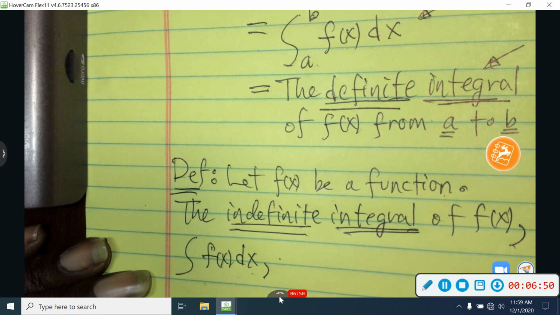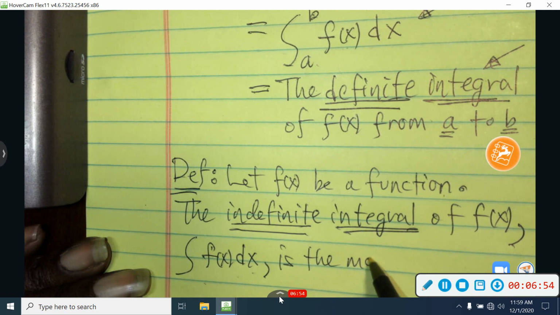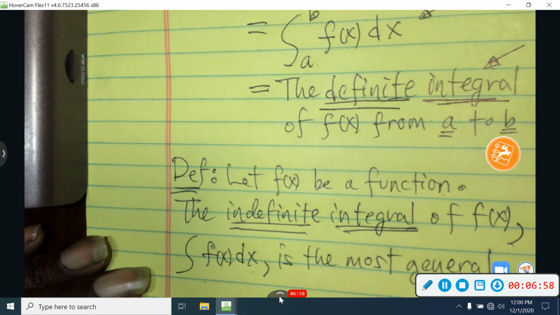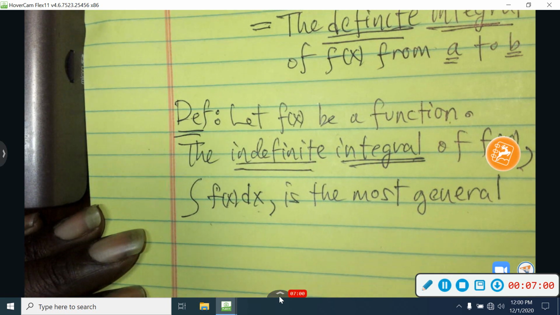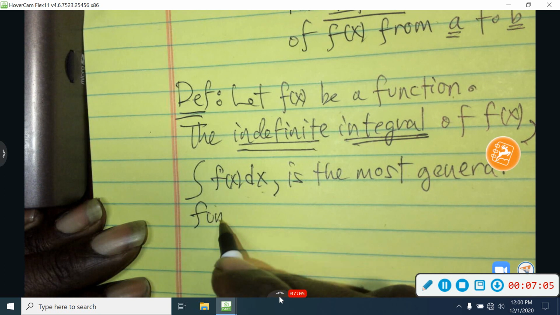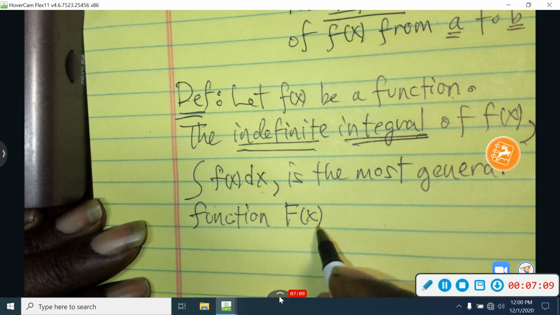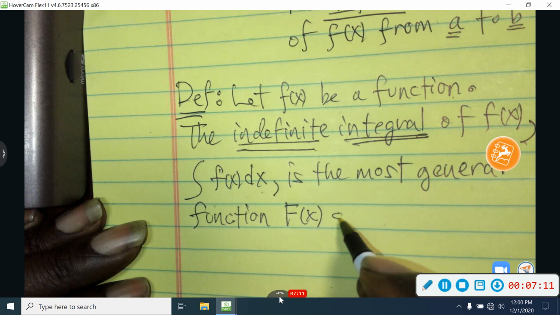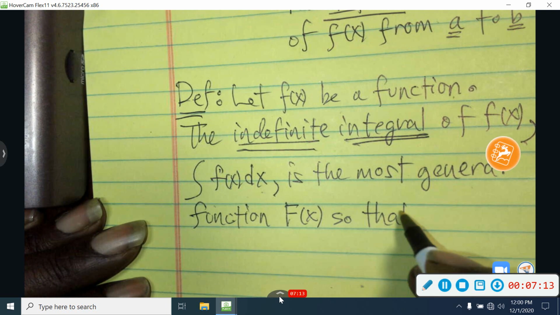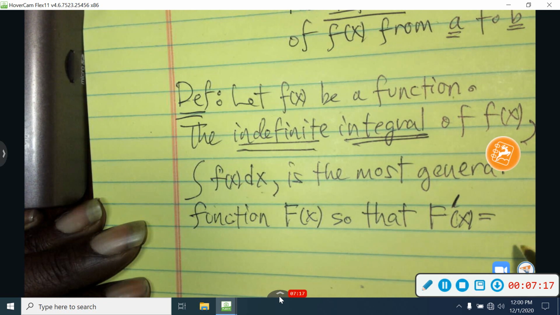What is it, though? Well, I'm going to tell you. It is the most general function, capital F of x, so that capital F of x differentiates to be f.